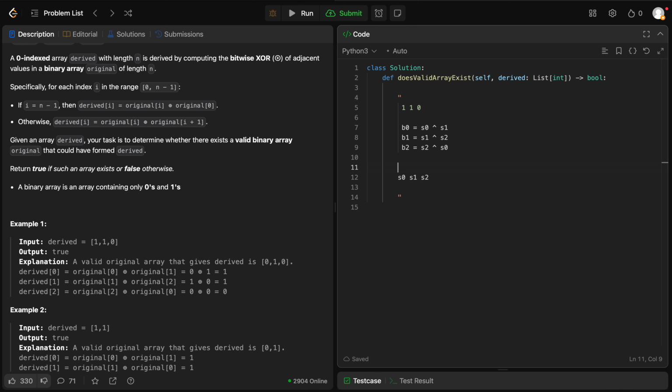If this is 1, it means that S0 is equal to, let's say, 0, and S1 is 1, or S0 is 1 and S1 is equal to 0.